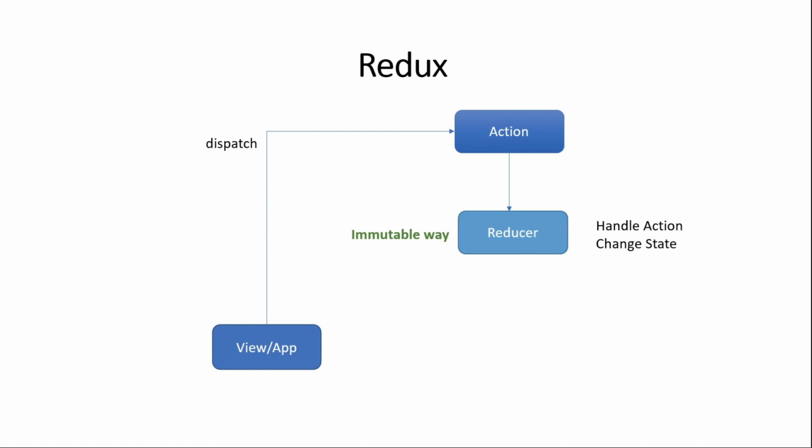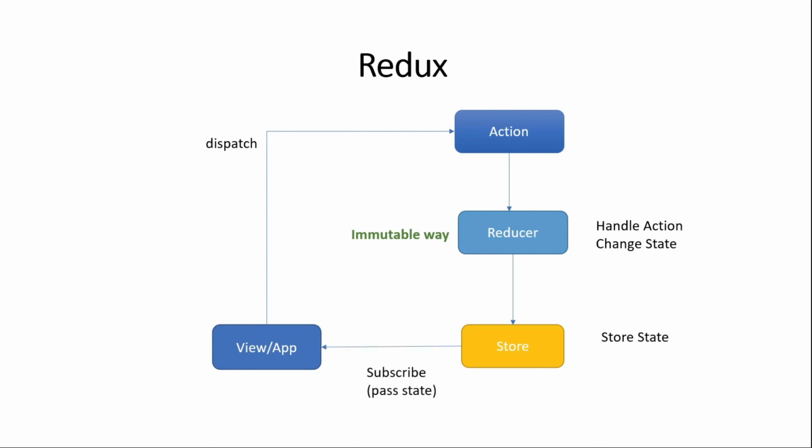Now we are getting a new state from the reducer, then it will get stored in the store, and we will have only one store in our application. This store has one simple task: to store our state. That's why it's called a store. We might have multiple reducers, but we will have only one store in our application, and then our application subscribes to this store.